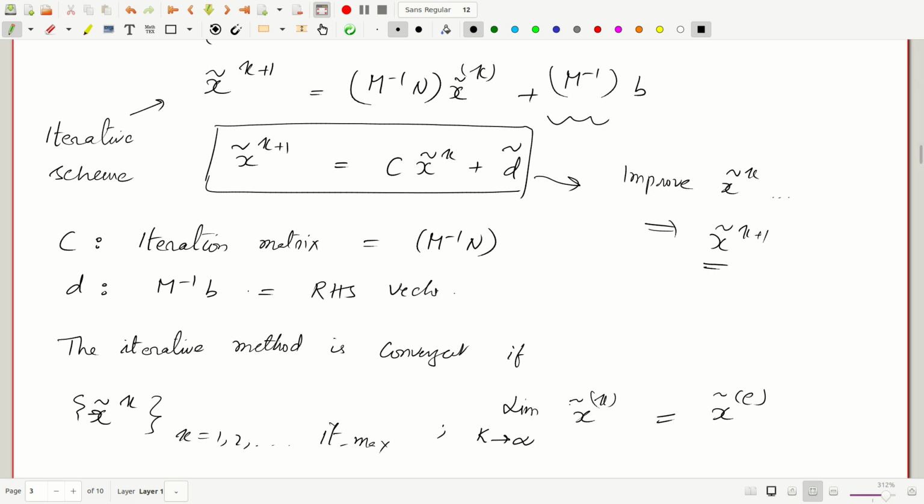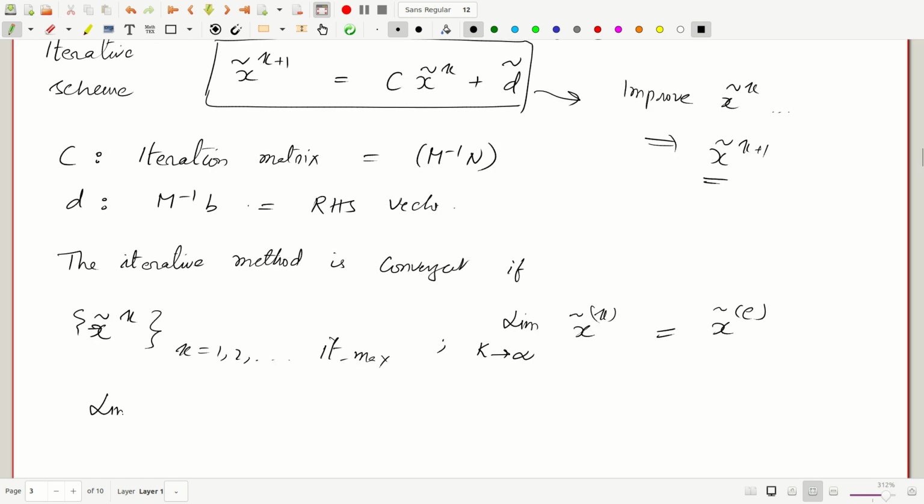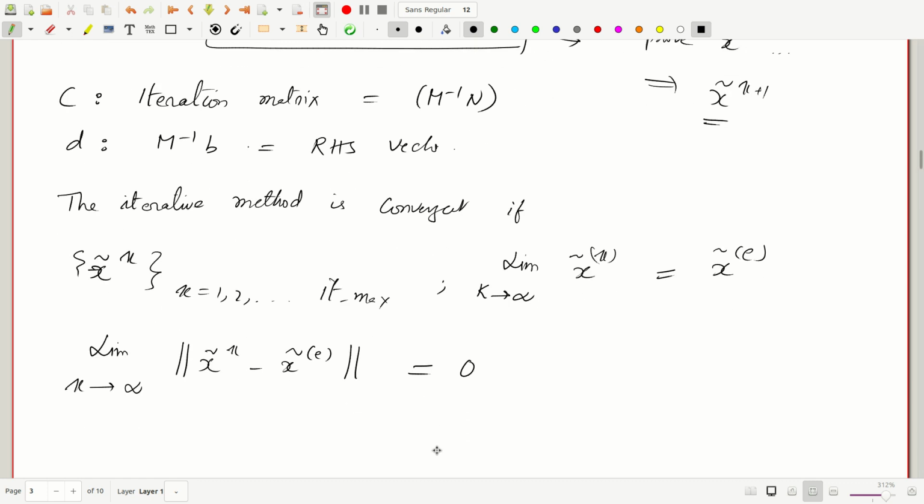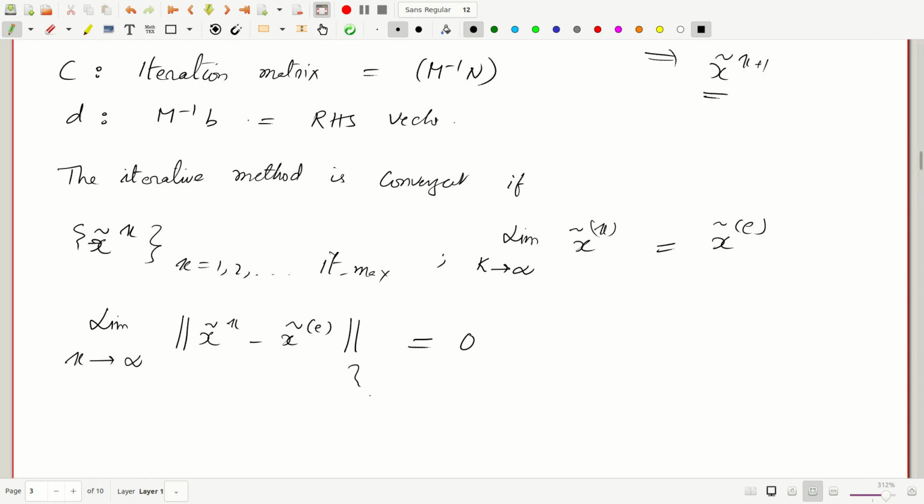Then we can say the method is convergent, or in other words, in the limit of k tends to infinity, the norm of x tilde k minus x tilde exact equals 0. This is some vector norm; it can be the L2 norm or the L infinity norm.